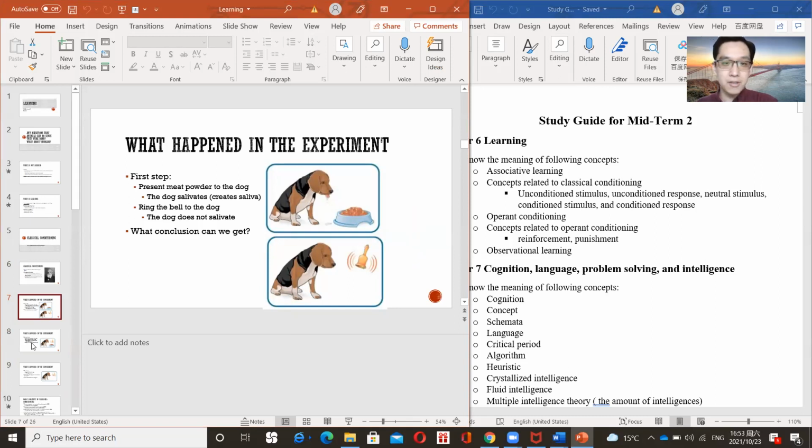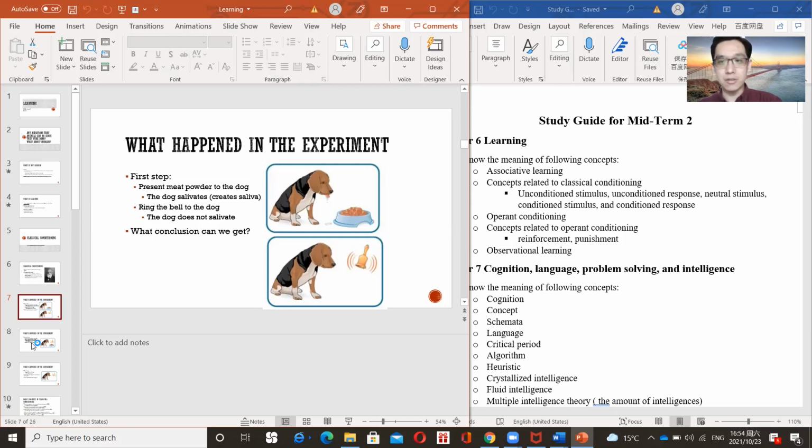In this case, the meat is a stimulus, but it's an unconditioned stimulus. You don't have to do any kind of conditioning to stimulate the dog to salivate. The meat powder just creates the response from the dog.